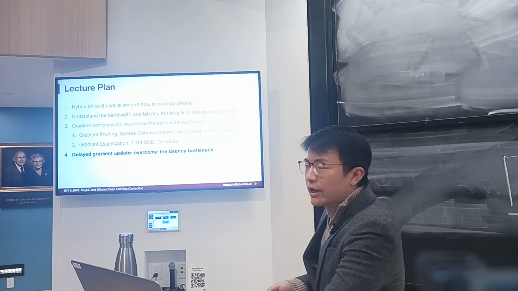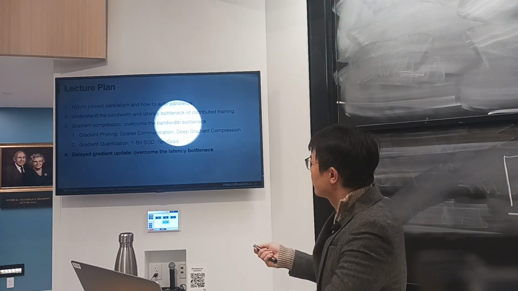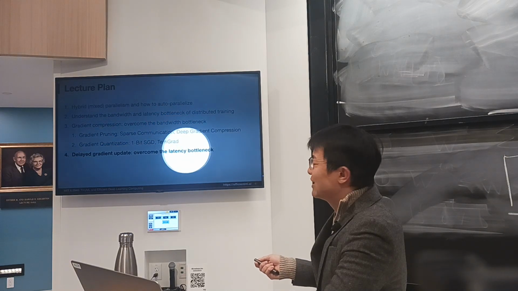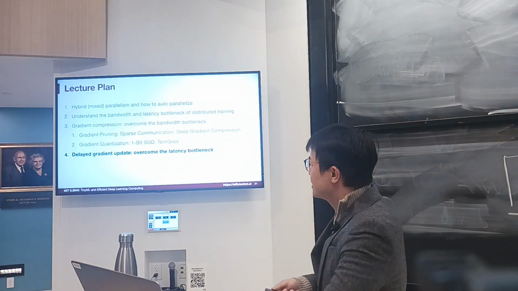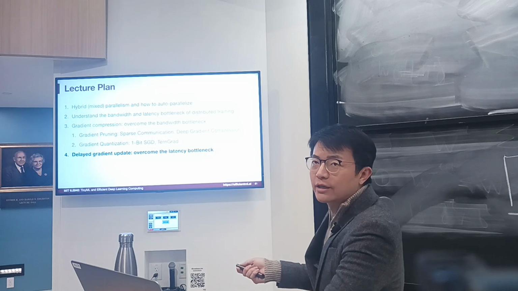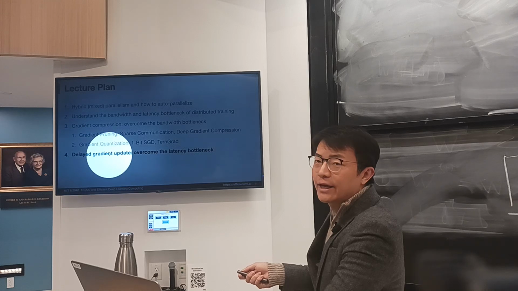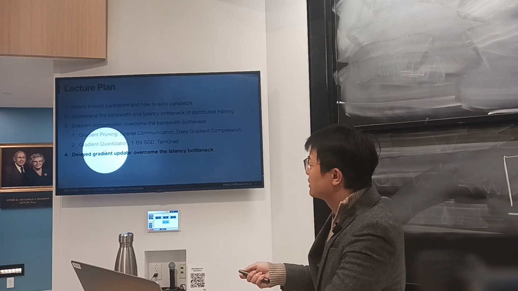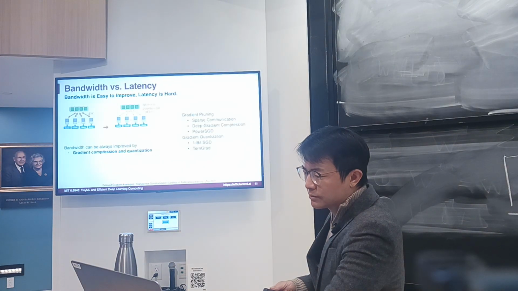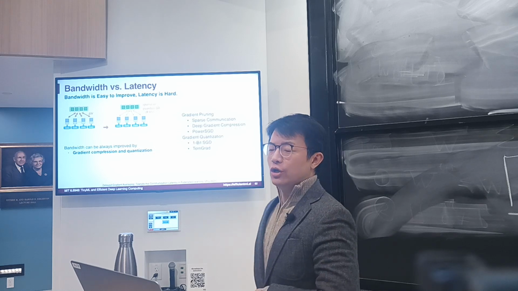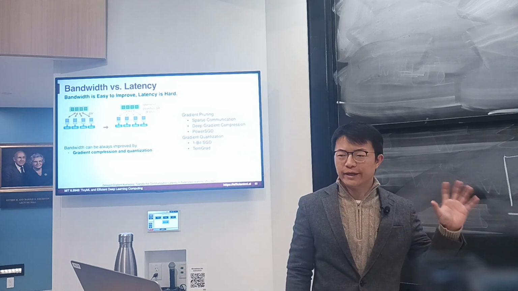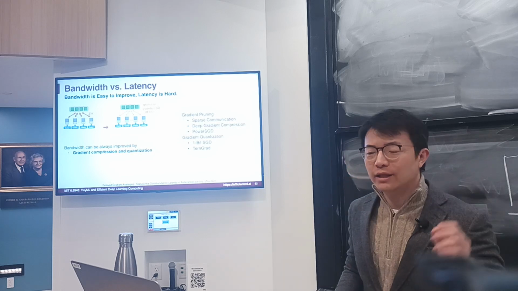The other bottleneck beyond the communication bandwidth is actually the communication latency. And we are going to talk about techniques to solve the latency bottleneck by using delayed gradient update. First, let's review the concepts of bandwidth and latency.